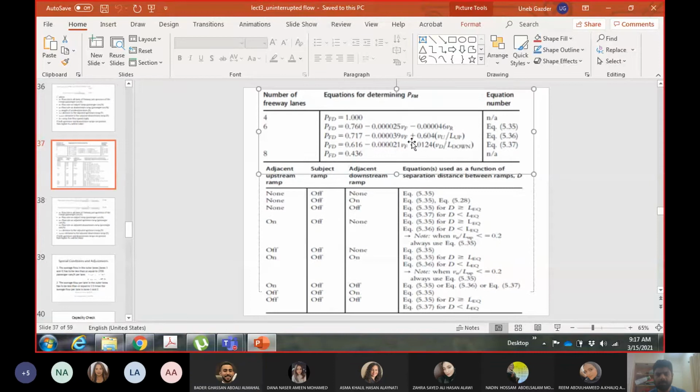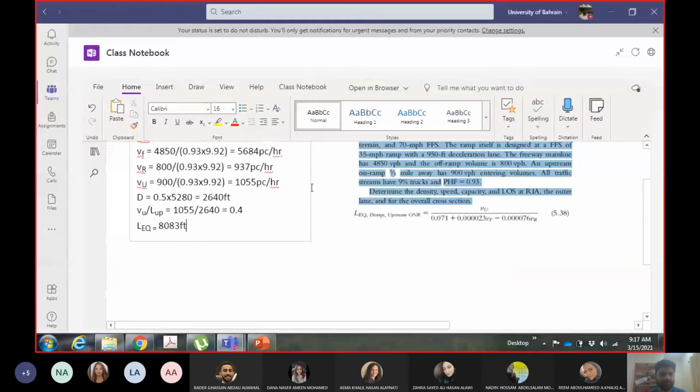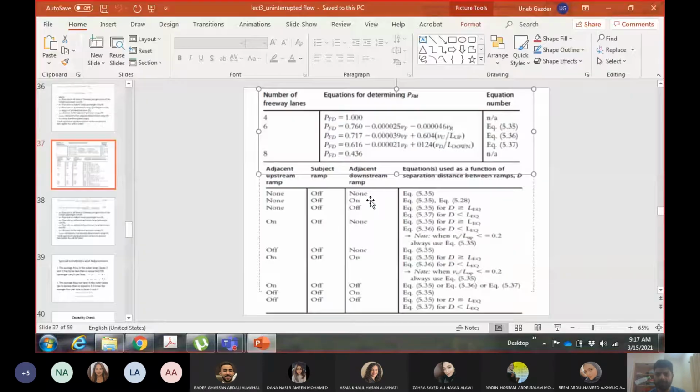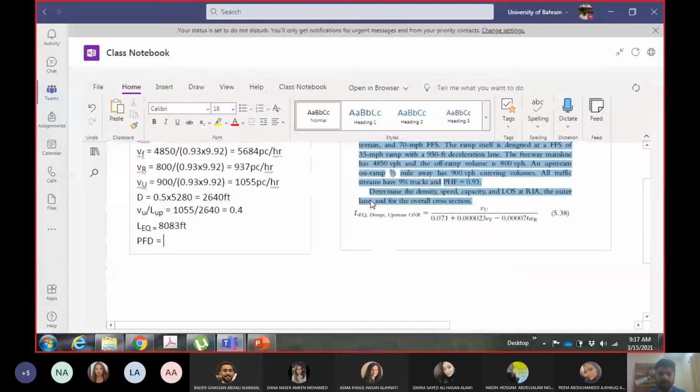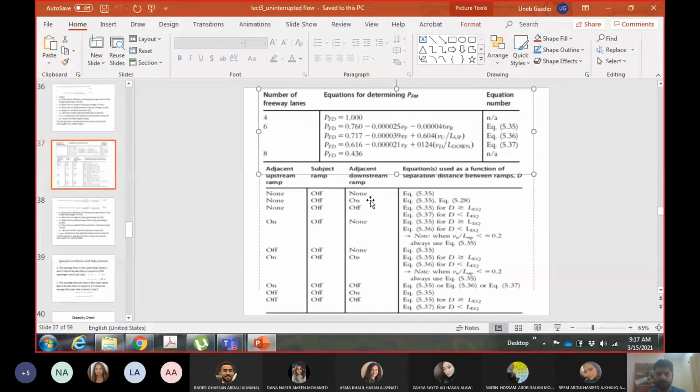Okay. So VF is 5684. So now we are looking to calculate PFD. So I will write down the equation: 0.717 minus, how many zeros are there? 1, 2, 3, 4.